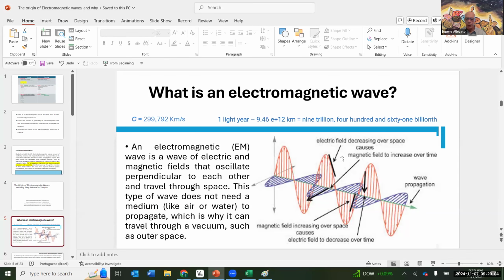So this is, again, the electric field goes perpendicular with the magnetic field. And one thing to note is that they go in parallel in terms of the highest point and the lowest point.